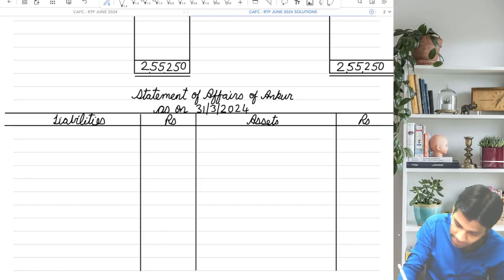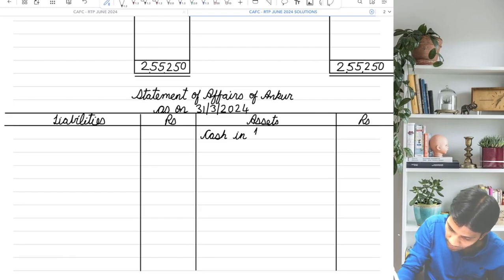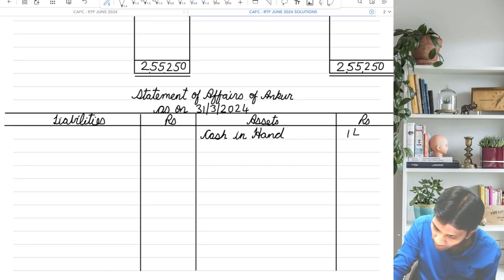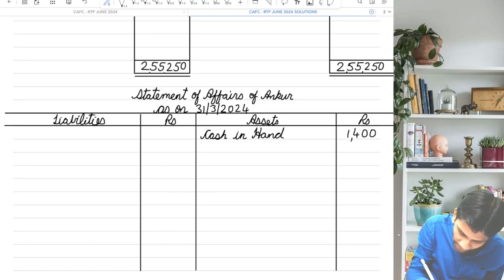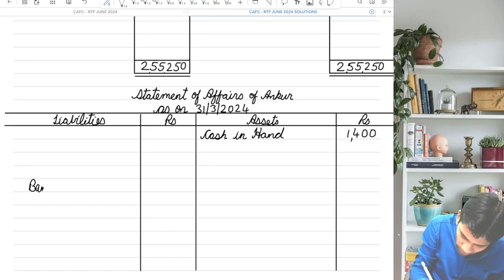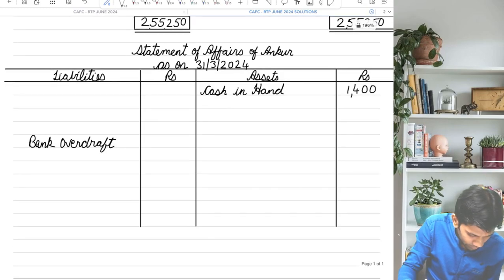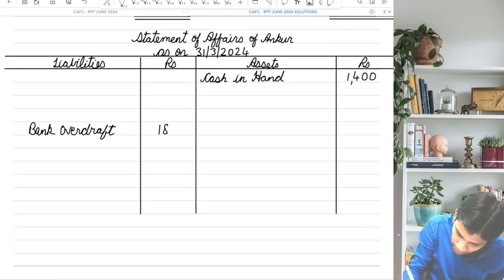Now, again, cash in hand. You can check your RTPs. I'm just noting from the RTP printout. RTP 1,400. No cash in bank. We have bank overdraft 1,800.